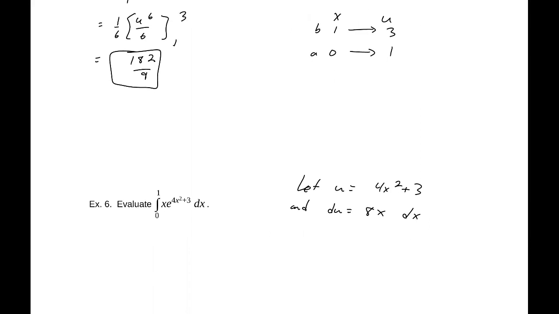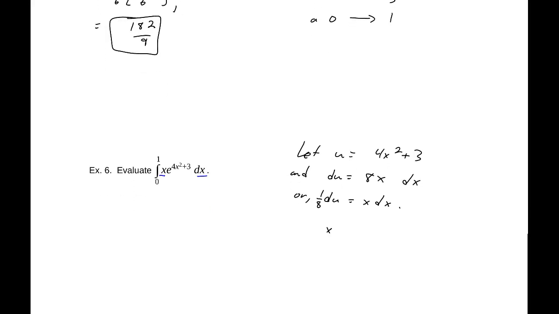However, we want to substitute in an x dx, so we'll modify this by a factor of 8. 1/8 du equals x dx. Okay, and I've got my x endpoints, and I want to convert those to u. So those are 0 to 1. Evaluating that in there, I get 7. And evaluating at 0, I get 3.